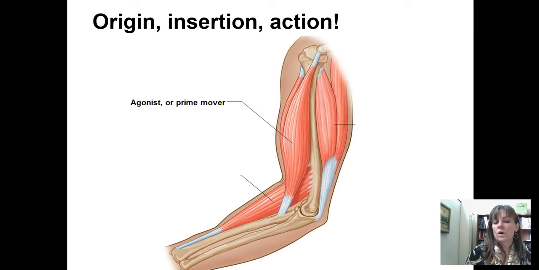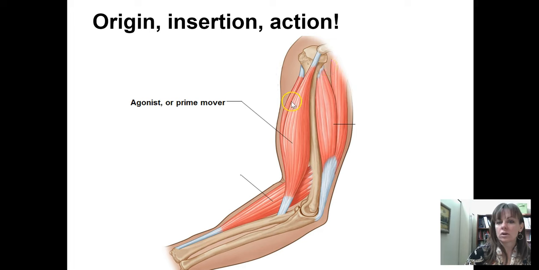Now, I also want to note that you are going to have a number of different muscles at this joint. It's not just one. One of these muscles is generally considered what's called the prime mover or the agonist. That means it is the muscle that is primarily responsible for that action.